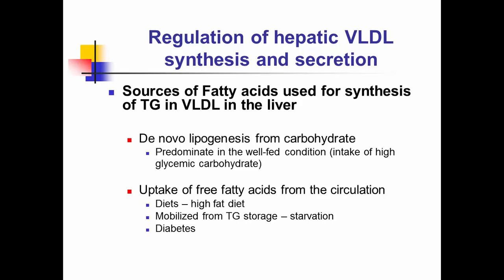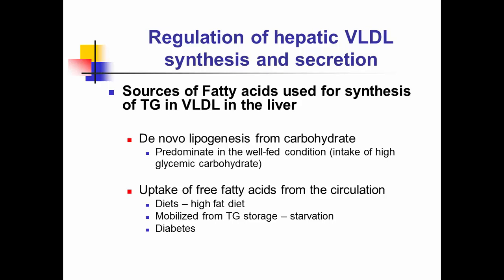The liver converts glucose to fatty acids, and these fatty acids are re-esterified to triglyceride and packed into the VLDL. So this is one source of the triglyceride in the VLDL: it comes from the diet, converted from the carbohydrate by de novo lipogenesis.